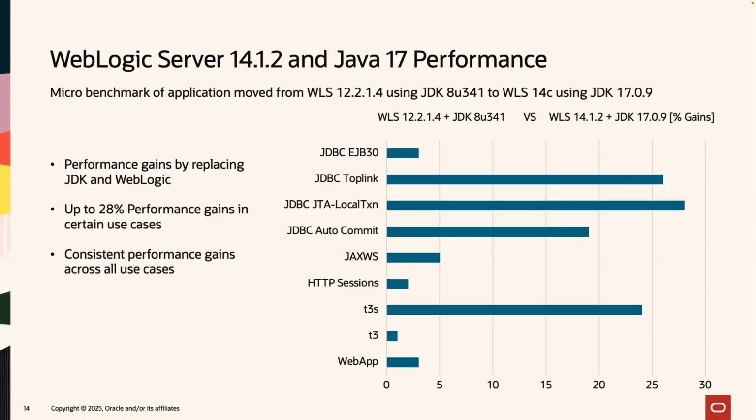Depicted on this slide is some internal benchmarking we did comparing an application running on WebLogic 12.2.1.4 on JDK 8 with that same application running on 14.1.2 and JDK 17. You can see in a variety of use cases, there's improved performance. Your mileage may vary depending on what your applications consist of, but generally speaking, we expect when you move to 14.1.2, you'll see a performance boost.